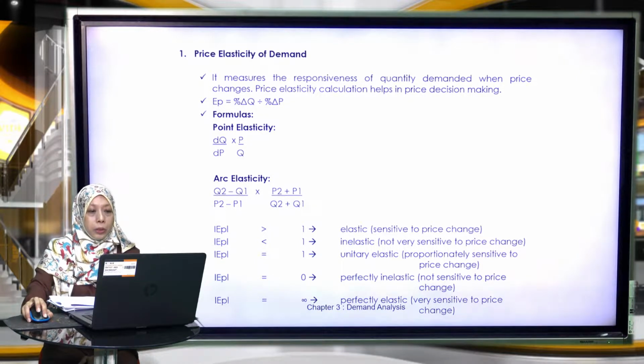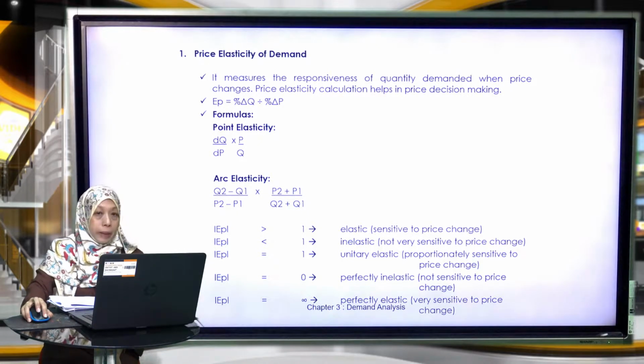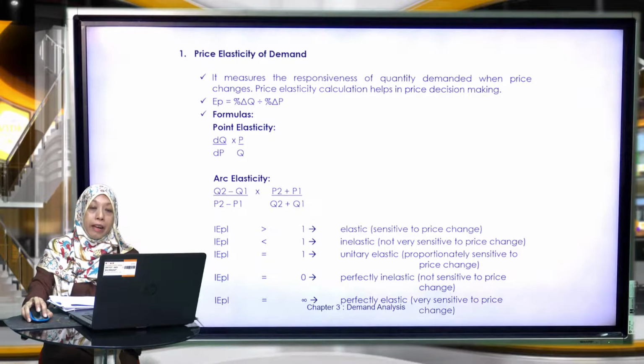If you want to calculate elasticity between 2 points, then you need to use the arc elasticity formula. The arc elasticity formula will find elasticity over 2 points, or the average elasticity over 2 points.